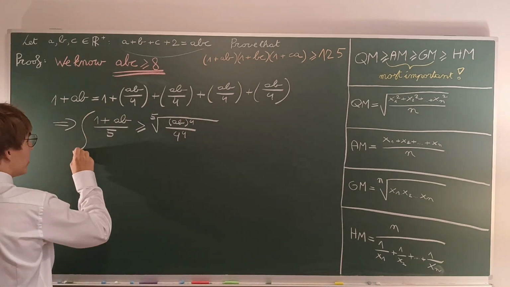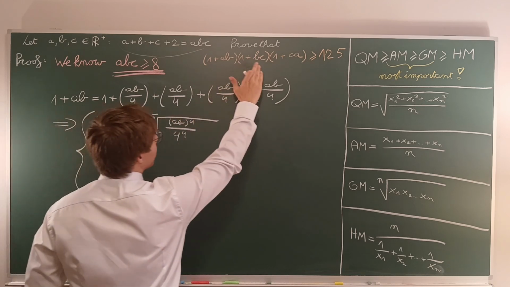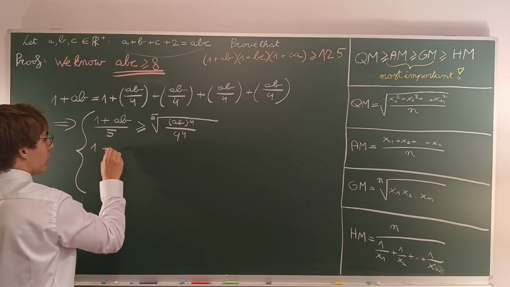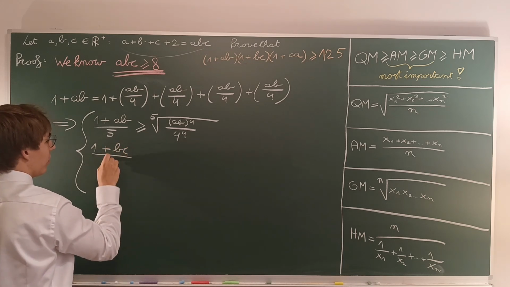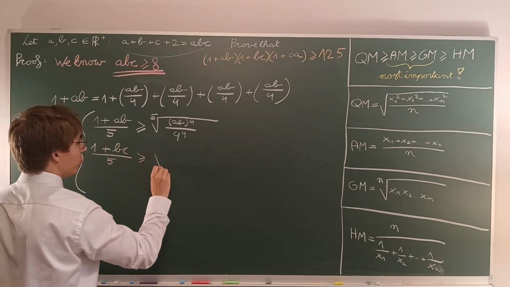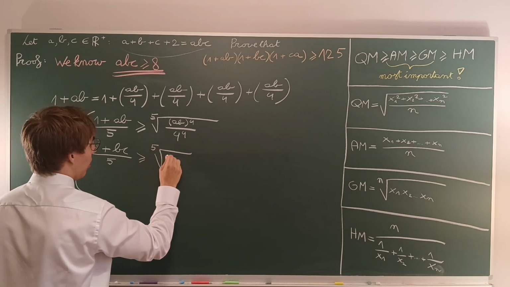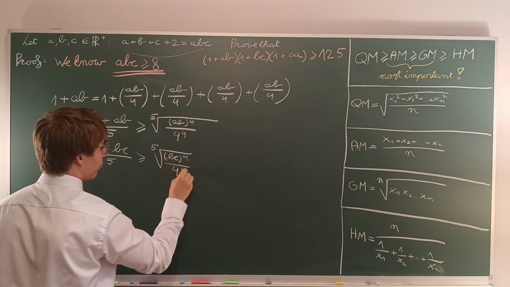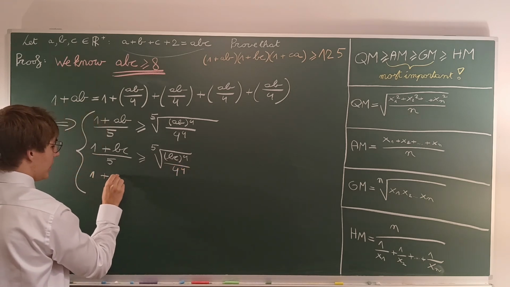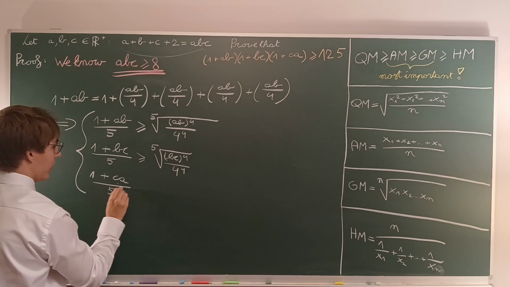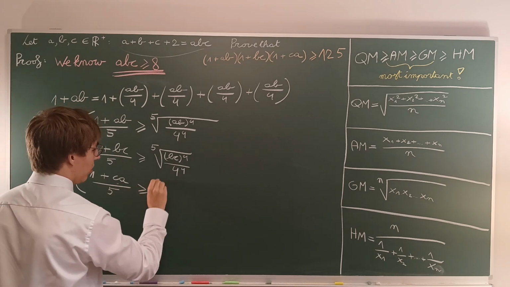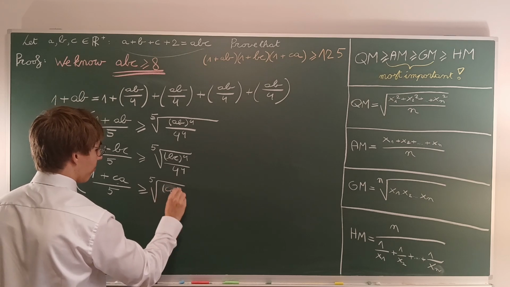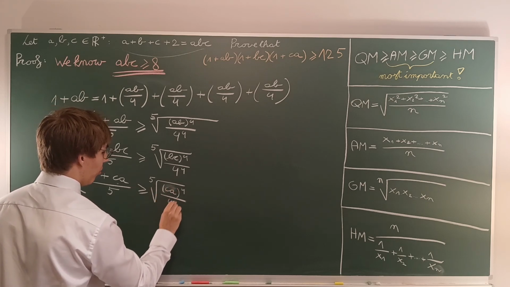But now we can do the same for 1 plus bc and 1 plus ca. So this gives us that 1 plus bc over 5 is greater than or equal to the 5th root of bc to the 4th over 4 to the 4th, and 1 plus ca over 5 is bigger than or equal to the 5th root of ca to the 4th over 4 to the 4th.